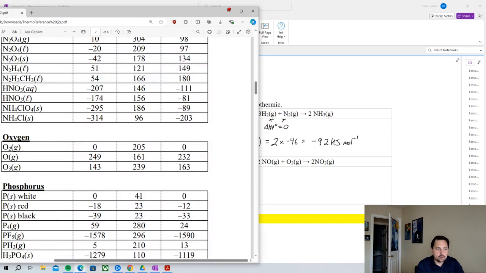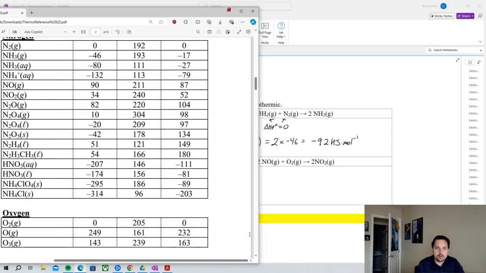I want to grab these other ones while I'm here. Nitrogen oxide is 90. This is 0. And then NO2 is 34.